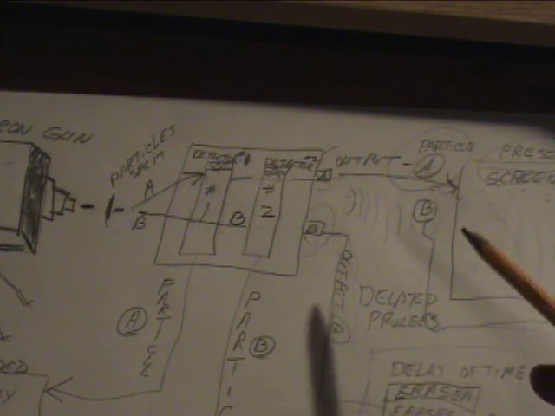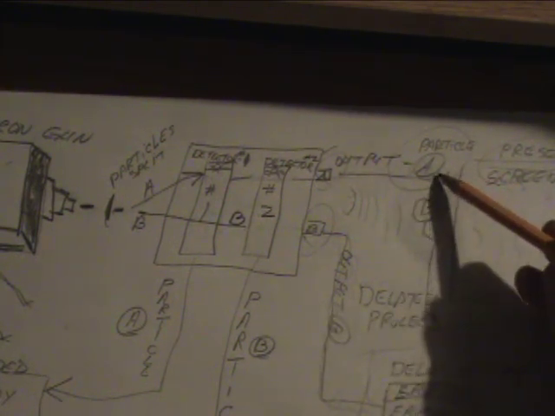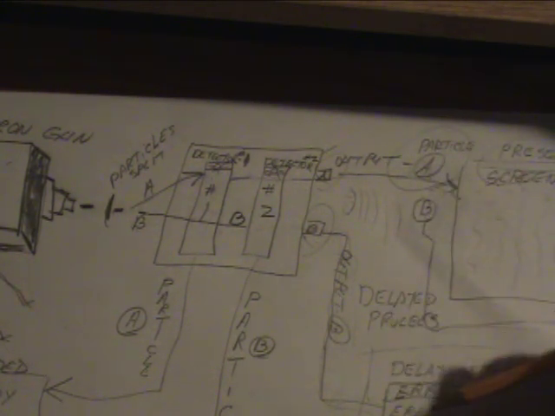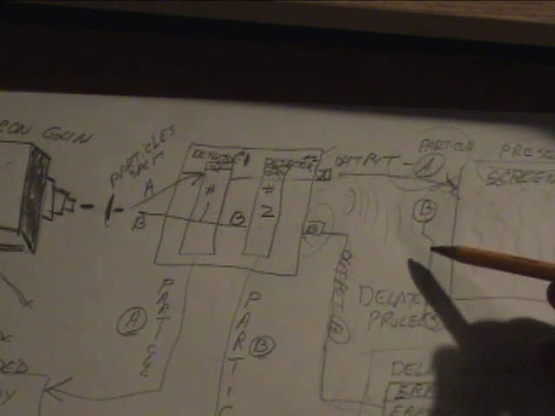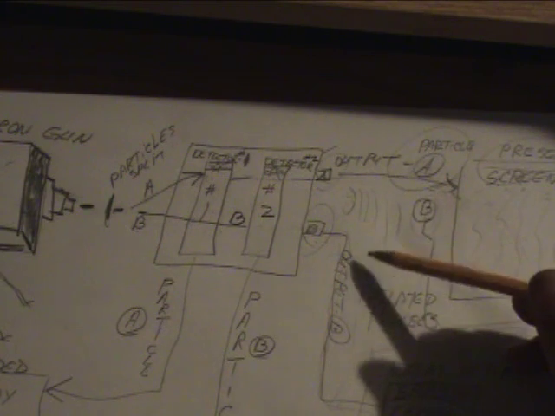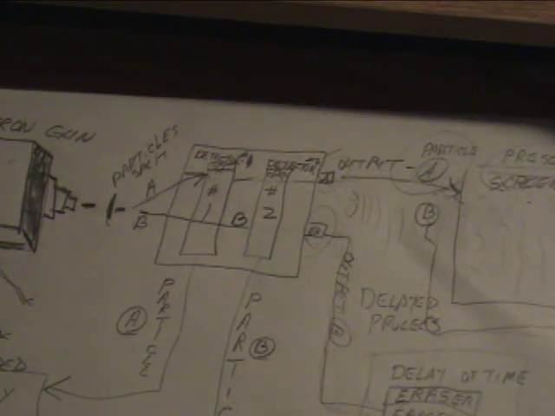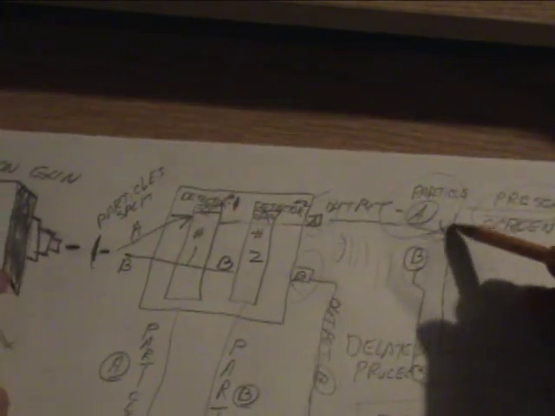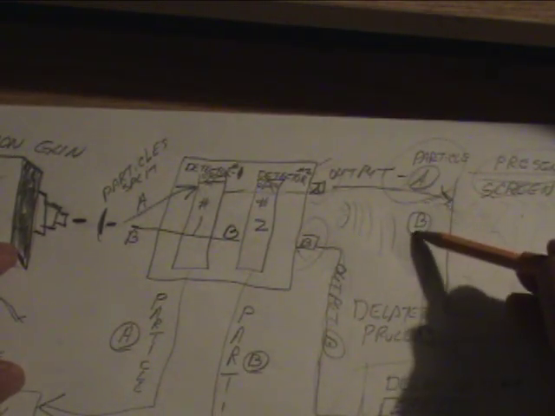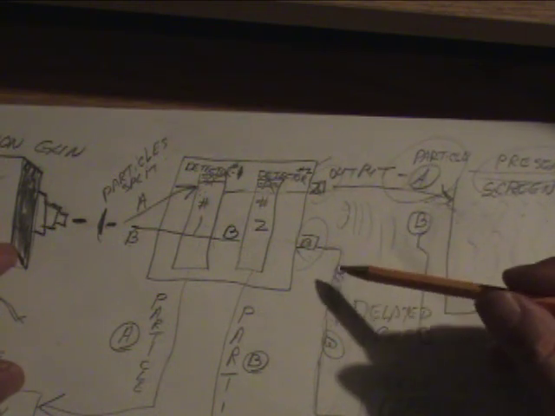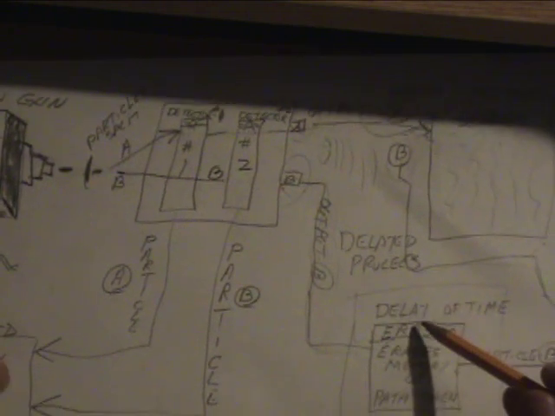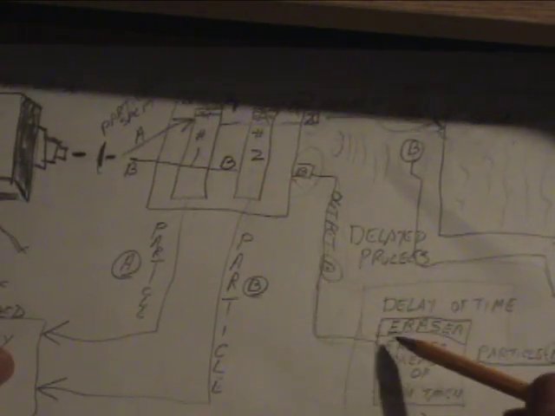And then somehow particle A recommunicated the path that it took. Which means that the particle somehow was able to communicate with particle B and tell it what path it took, even after particle B and its path were erased.